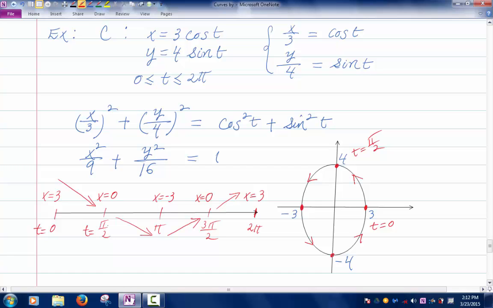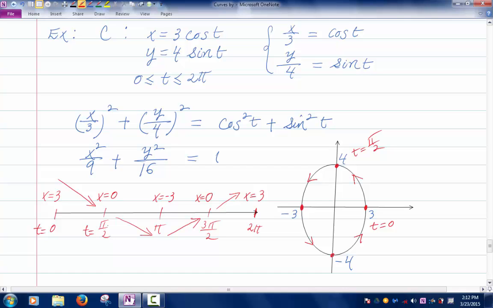From 0 to pi over 2, the function x is decreasing. From pi over 2 to pi, it is still decreasing to negative 3. From pi to 3 pi over 2, it is increasing from negative 3 to 0. And from 3 pi over 2 to 2 pi, the function is still increasing from 0 to 3, right? So that's the behavior of x.